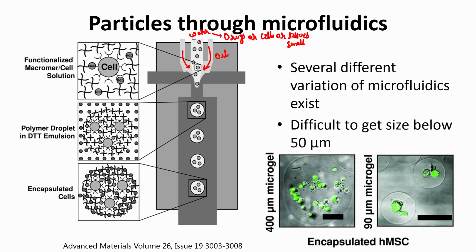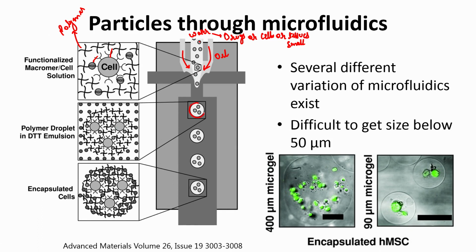And so, essentially if you zoom in here, what you see is you have these polymer chains containing either the cell or the drug, and then you come in with the oil phase with some surfactant. So, what will happen is this will pinch off as a droplet.